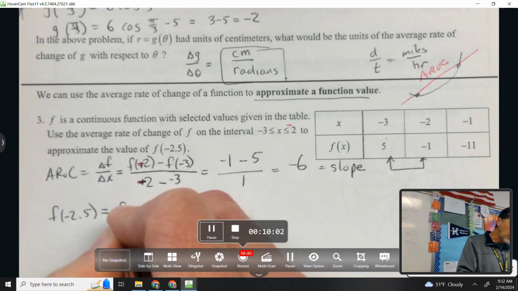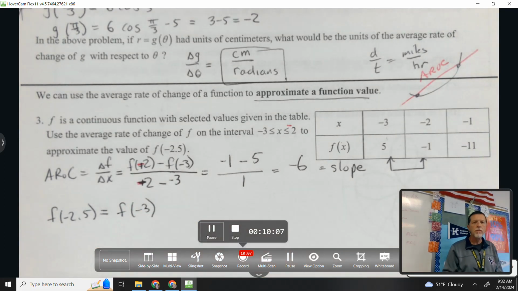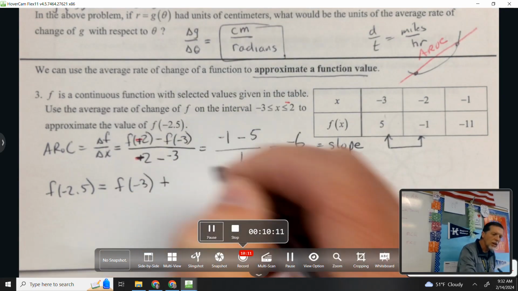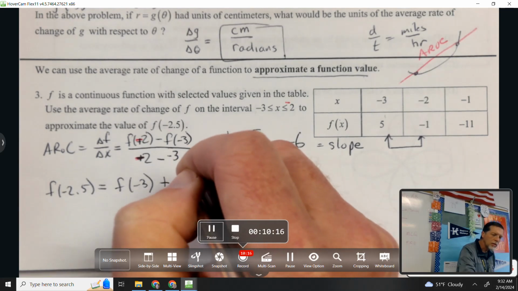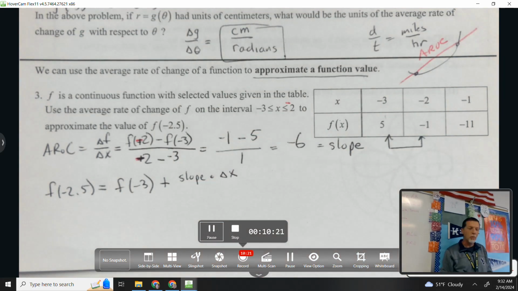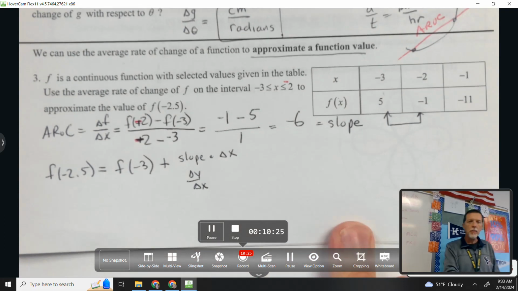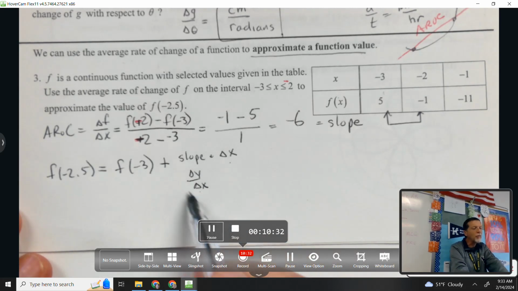I'm going to start at f of negative 3 and go up by slope times change in x, because slope is change in y over change in x. So if I figure out what my x step is, I'll multiply that by the slope, and that will give me my change in y, which is what I want.